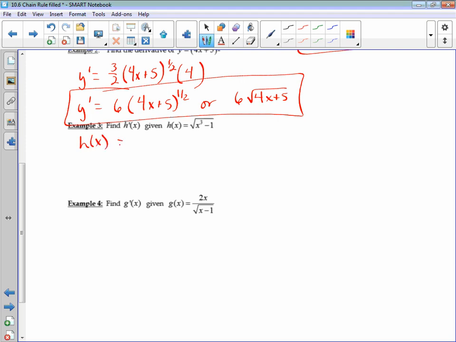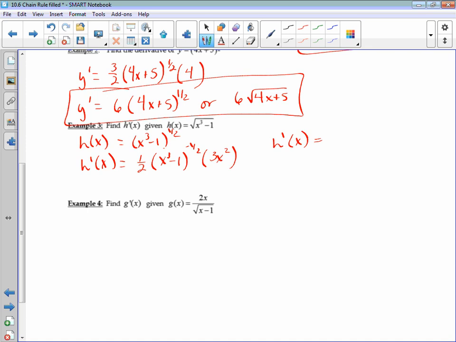So again, h of x I would rewrite as x cubed minus 1 to the 1/2. So then our derivative would do our exponent, x cubed minus 1, and then subtract 1, times 3x squared.